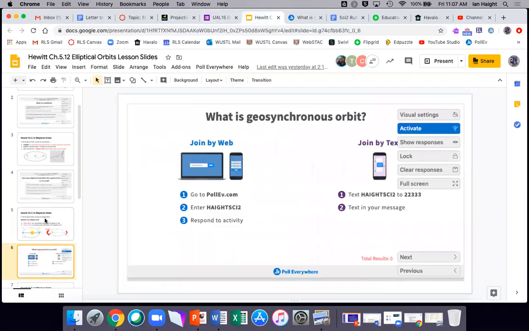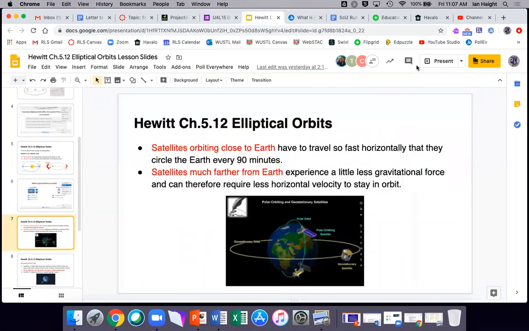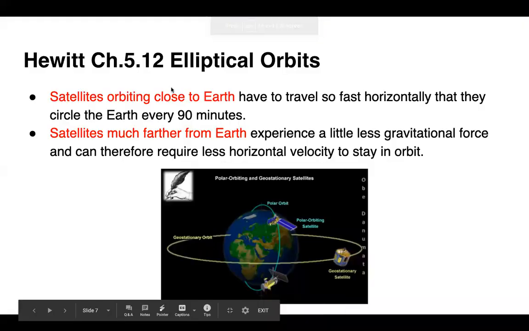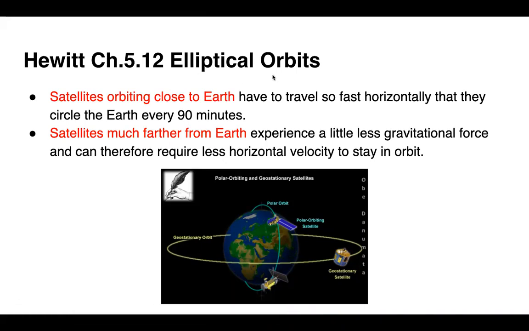So to talk about this specifically, though, I've got to put something in context here about how we can alter the speed at which a satellite moves. As we've been talking about, in order to fall continuously around the planet, satellites have to go pretty fast. Looking at this image, take a look at these satellites that move in what's called a polar orbit.